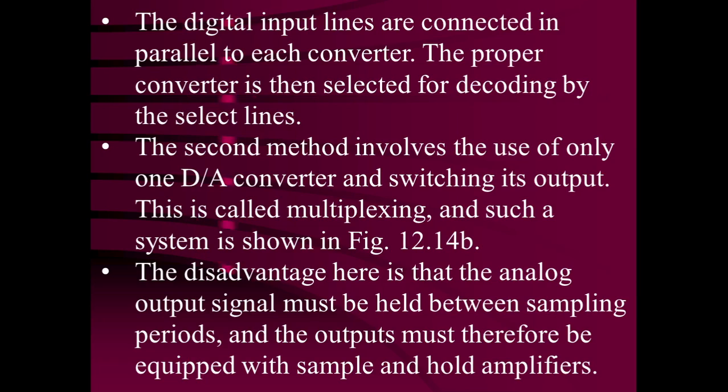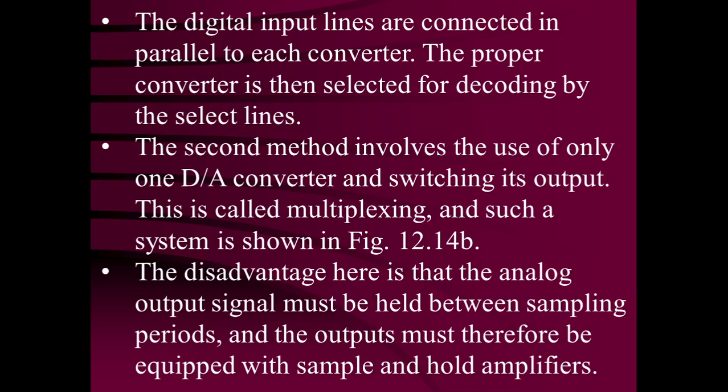So the first and foremost method is that for each channel, an individual D to A converter, like we have studied previously, is utilized. It will convert the digital information for the X channel, and then it will be stored and held fixed there at the output.